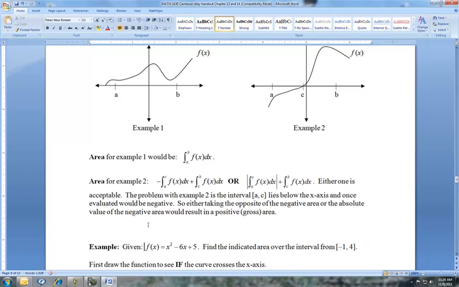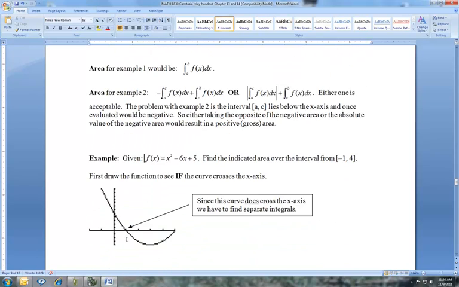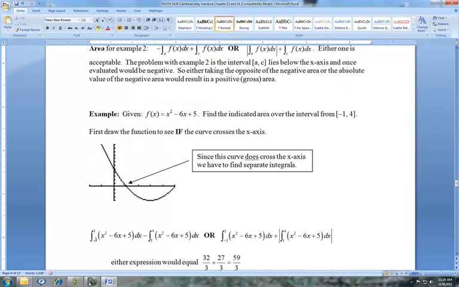If it does, we have to fix it. Okay, it crosses. So from -1 to 1, notice we take it as is, no issue. Now I did it one of 2 ways. I took the opposite of it, or you take the absolute value. Either one of these will make this negative area positive.